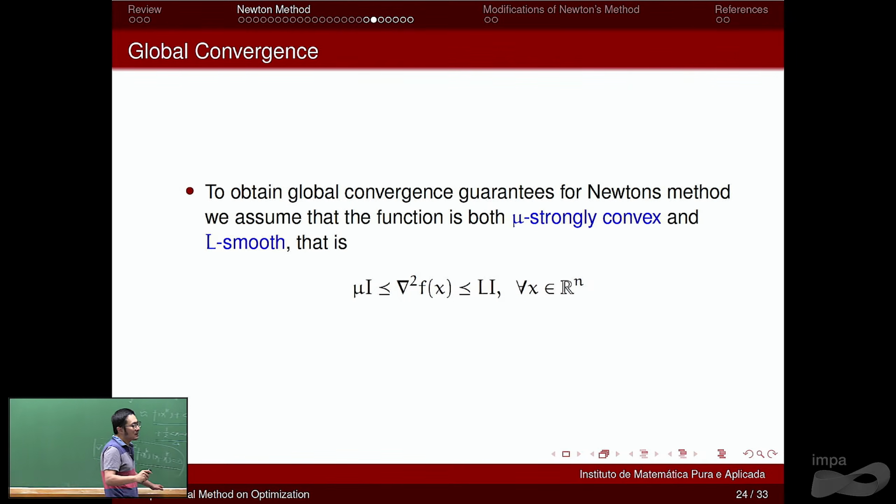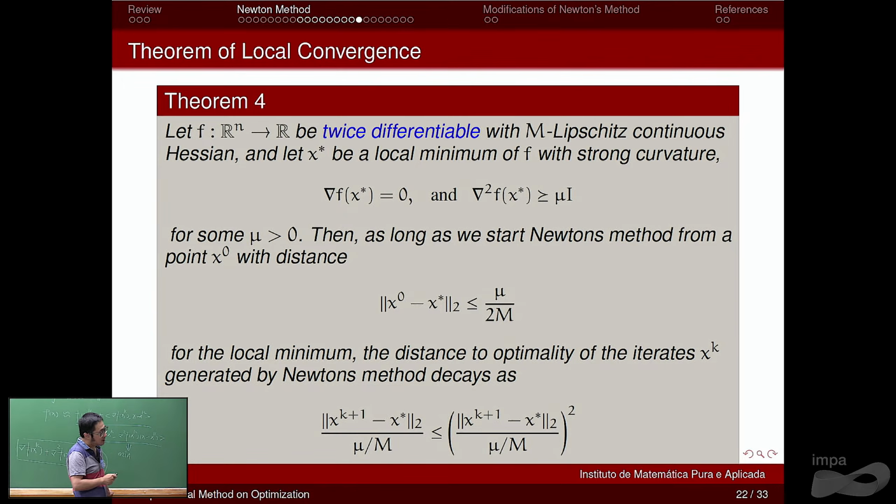Actually, let's analyze a little bit here. In the local convergence theorem, we also have something like this: your Hessian should have a positive minimum eigenvalue. But you need to be careful. This assumption only holds at the solution.